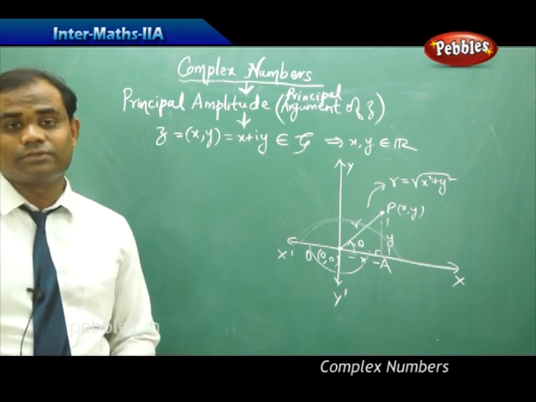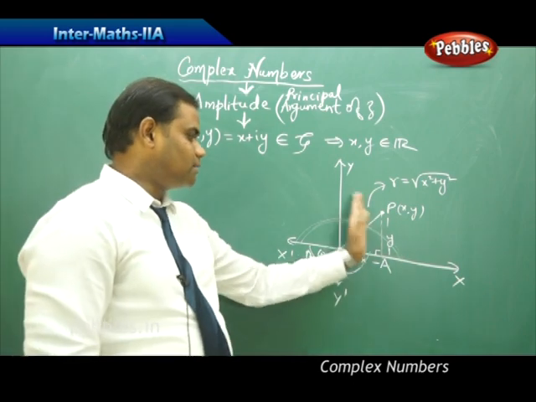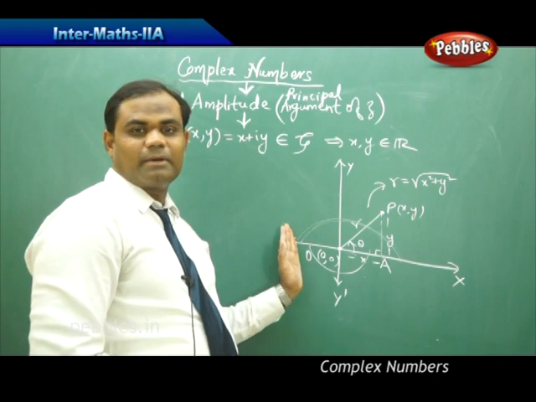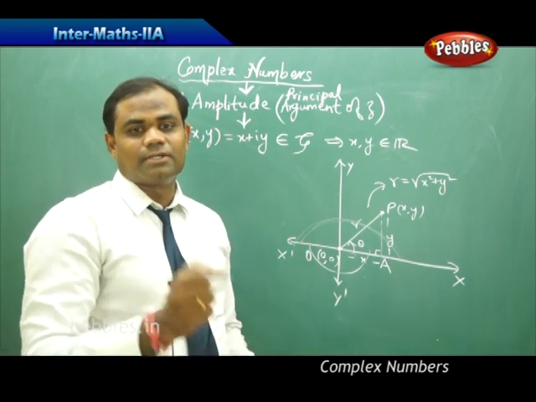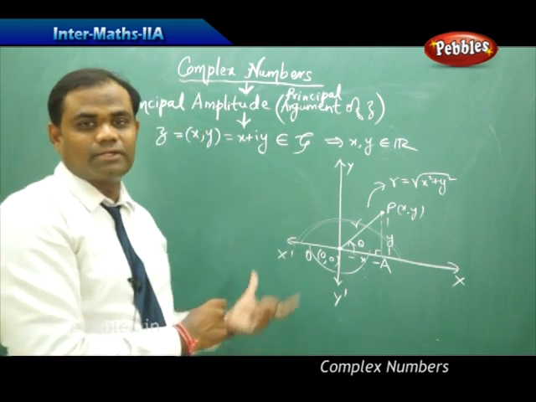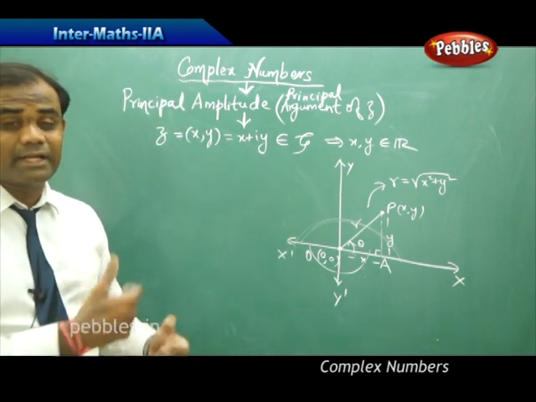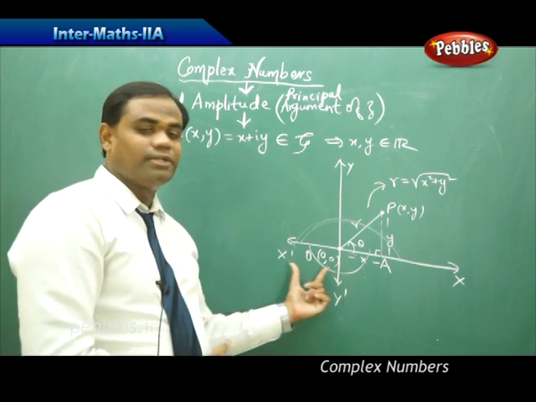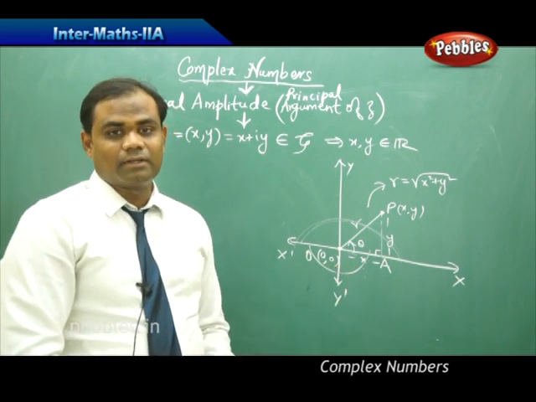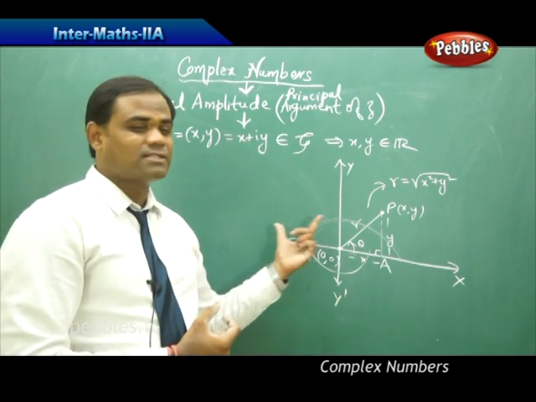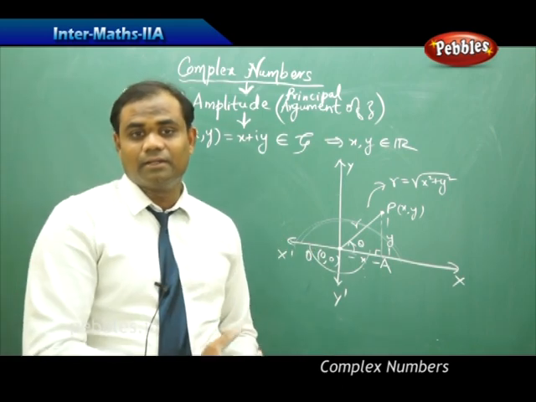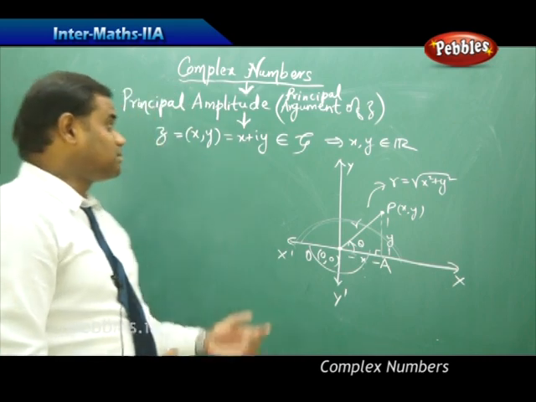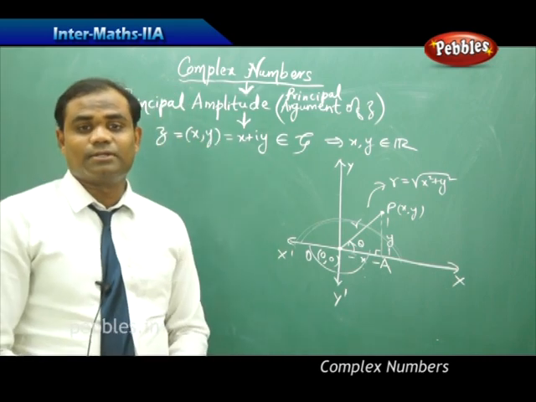But the first angle which lies from minus pi to pi is called the principal amplitude because that is the first angle which satisfies equation 1 and 2. The second angle may satisfy in the third and fourth quadrant, but there is at least one angle in the first or second quadrant which satisfies equation 1 and 2, and that angle by definition is called principal amplitude or principal argument of Z.